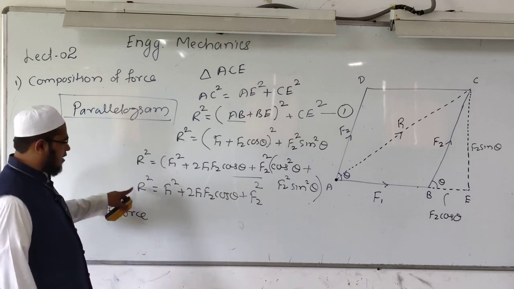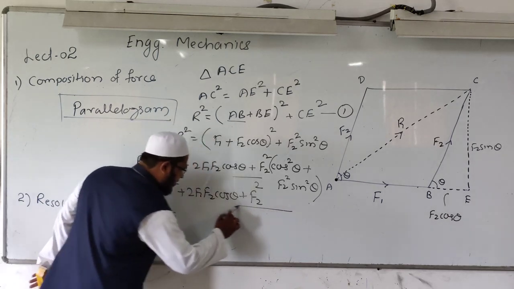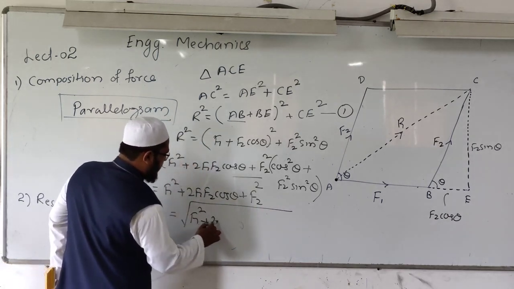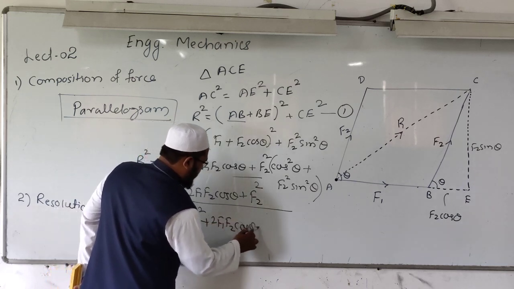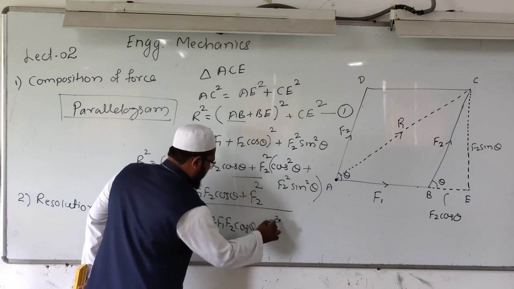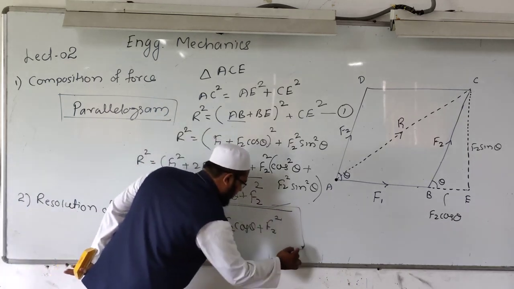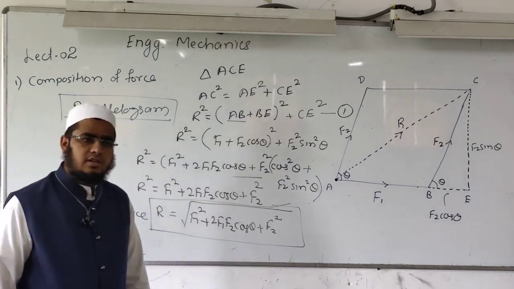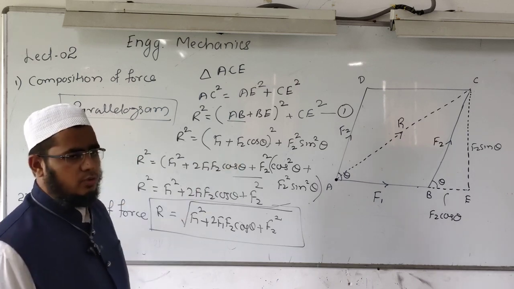If I have to find only the resultant, I will take the under root on both sides: R equals under root of F1 square plus twice F1 F2 cos theta plus F2 square. It is the mathematical expression to determine the magnitude of the resultant acting on a parallelogram.